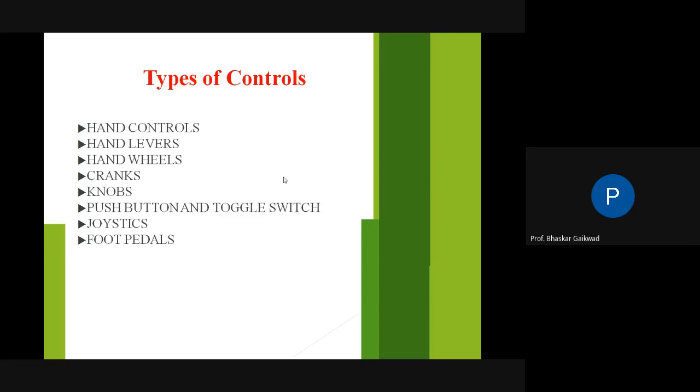Joystick is normally used in our computers. Foot pedals are used in hydraulic or mechanical power presses. So everywhere display and controls are there, and all things are designed as per the principle of ergonomics. So at least you can remember the types of display and types of controls with certain examples. It is very easy to understand.